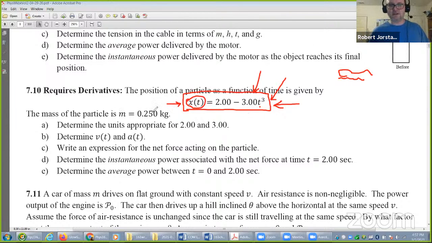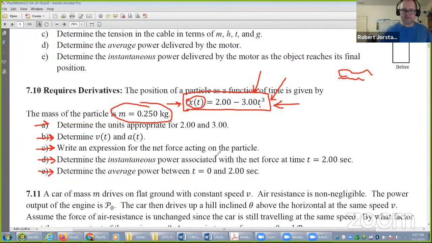And if we know the mass of this object, follow me here. Always check the units, fine. Just like the last problem, we could get velocity and acceleration. After that, we could get the force, just like last time. And then we could get either the instantaneous or the average power.